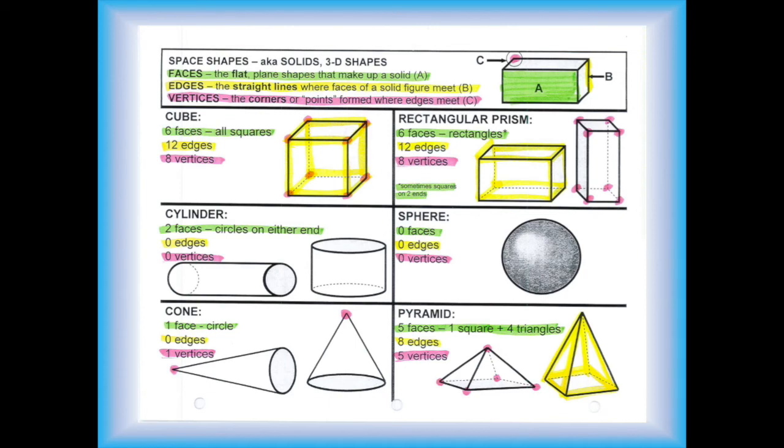Now, I didn't color all the faces on the shapes below because I'd be coloring so much green that you wouldn't be able to see the others. So, on the example, I show you what a face is with green, but I can't color it on all the shapes because then it would be a hot mess.